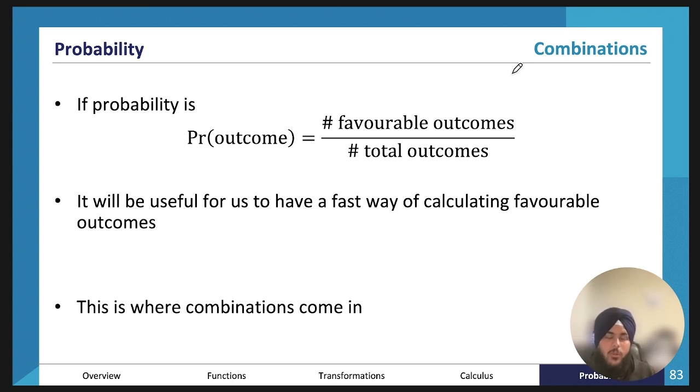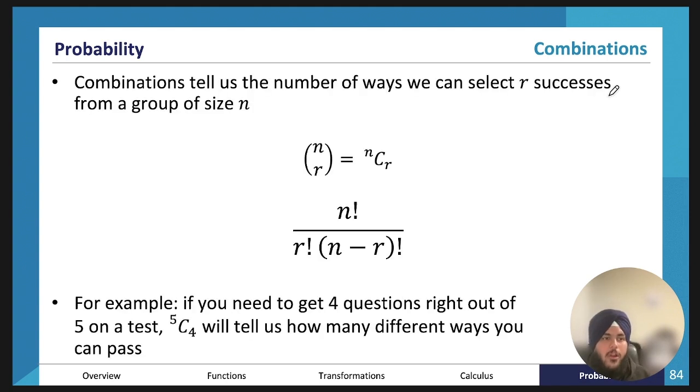So instead of counting all of them, because that will just not be practical at that point, we use something called a combination. It's just a fast way of calculating favorable outcomes or the number of total outcomes when we know certain pieces of information. So for example, here is the formula. So n choose r, or also written like this sometimes.